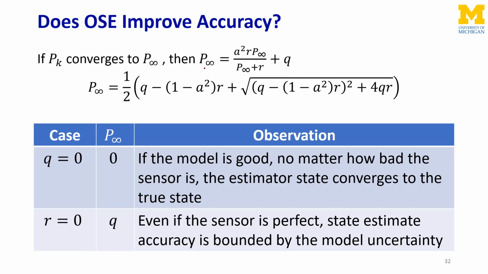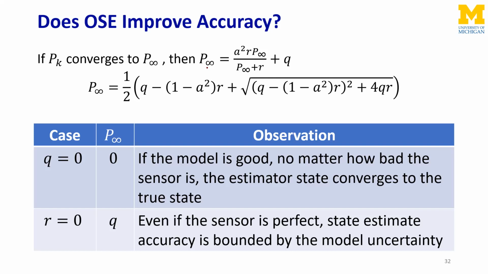When I replace all the PK and PK plus 1 with P infinity, I end up with this equation. Again, it's a quadratic, and we can use the quadratic formula to compute the solution analytically for P infinity. We are going to get one negative solution and one positive solution.